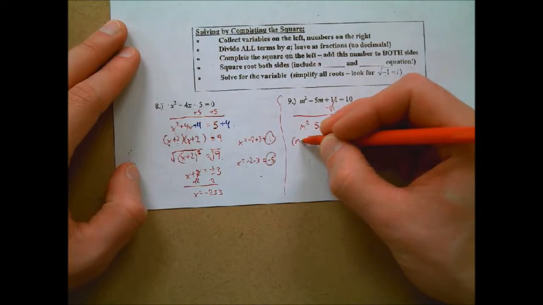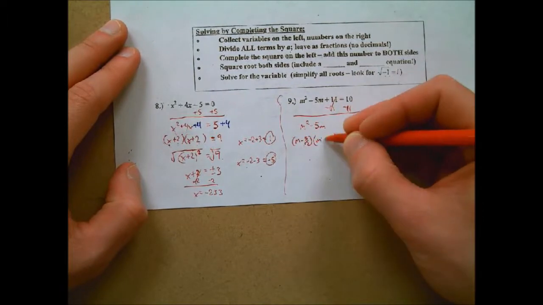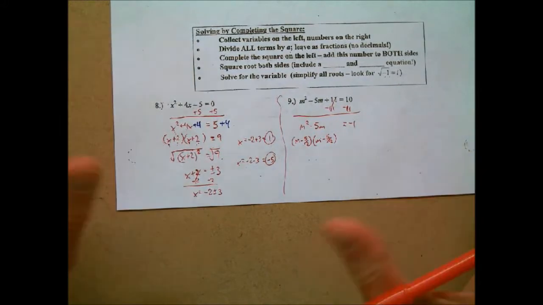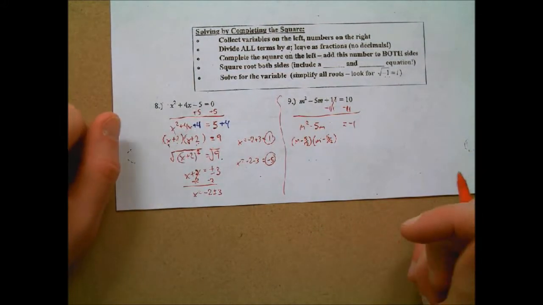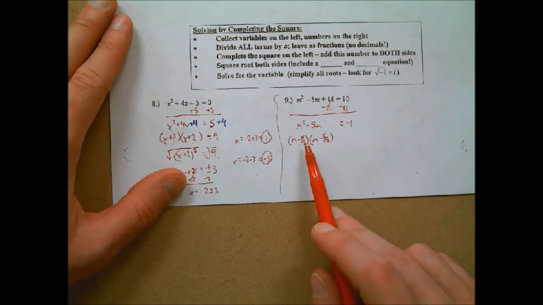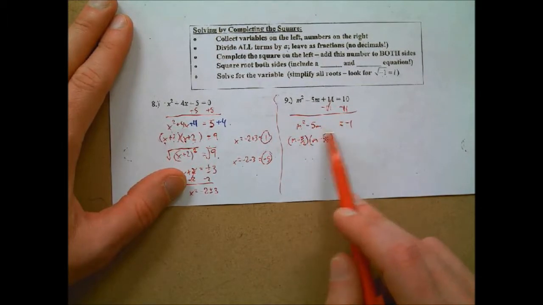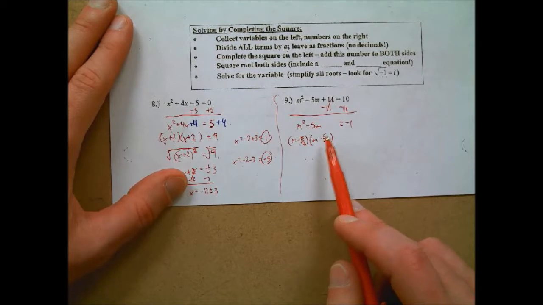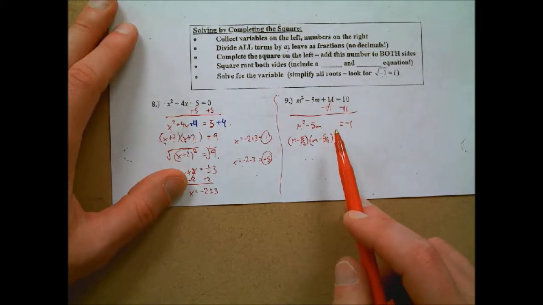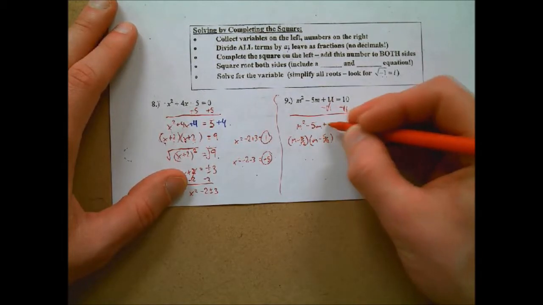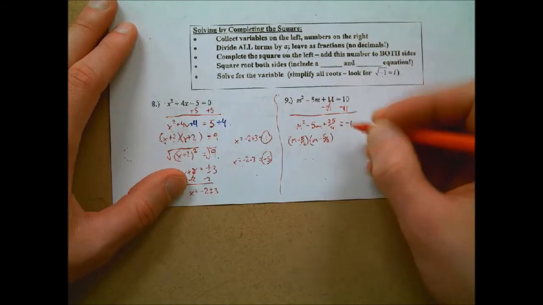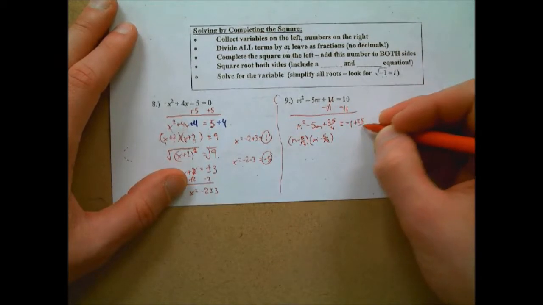I'm going to leave it as a fraction, -5 halves. For you, 2.5. You can do 2.5 if you want to. -2.5, -2.5. And so then what is missing here? Well, it's whatever -5 halves times -5 halves is, which is 25 fourths. So we're going to add 25 fourths in here, and 25 fourths in here.